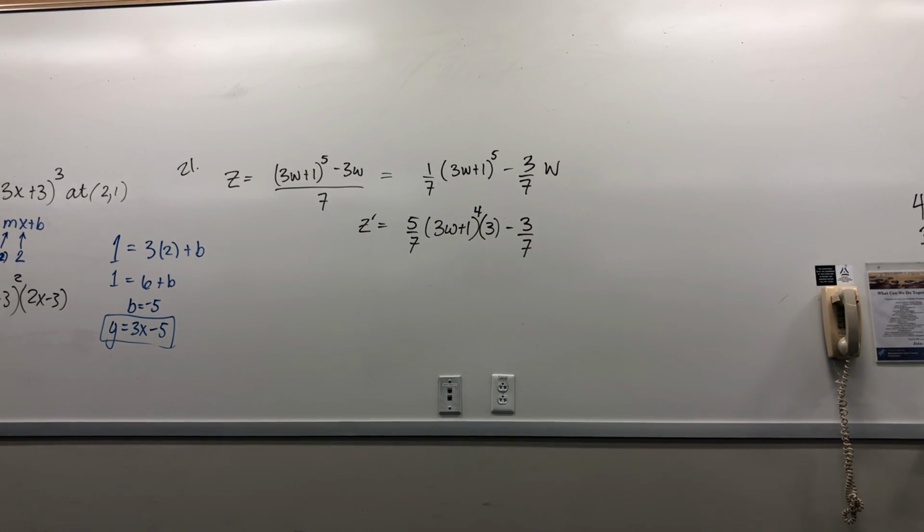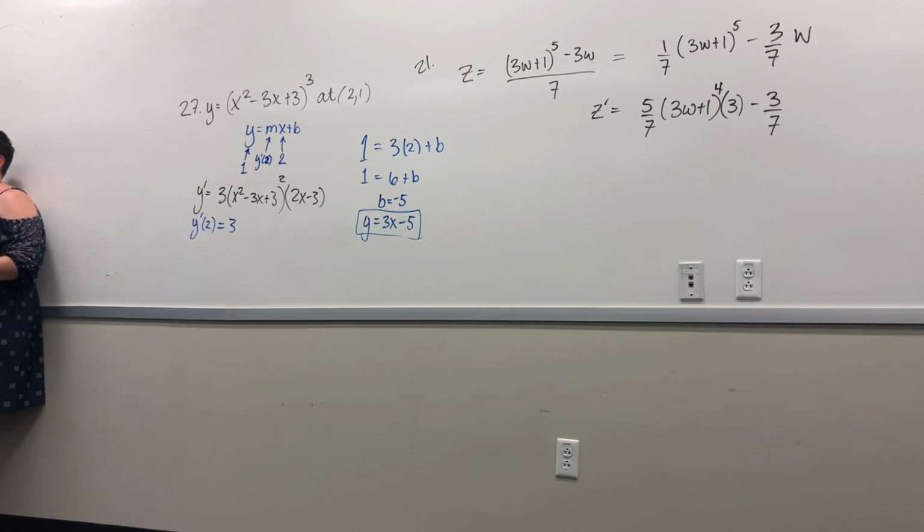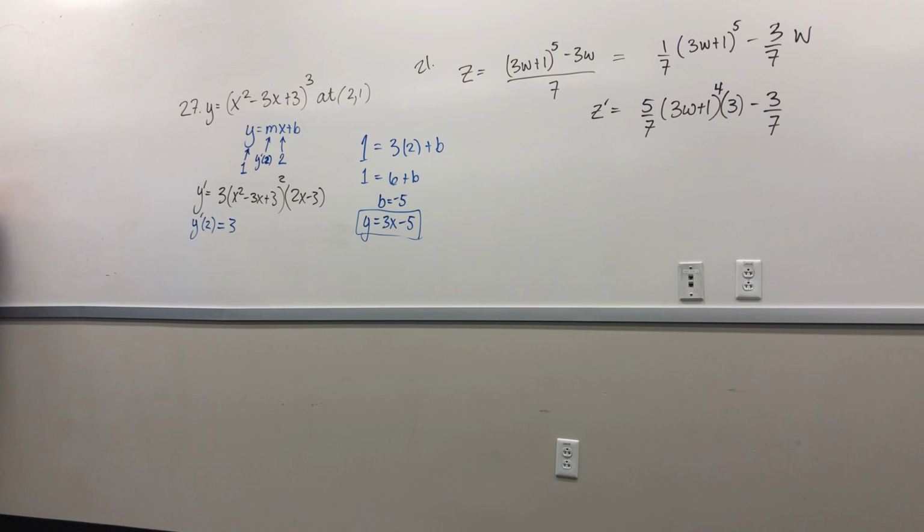What's the hardest part of these for you? In y equals mx plus b, how come y prime at 2 is m? Because m is slope.